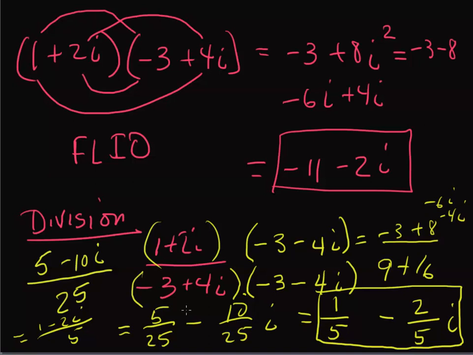One last thing. Notice, then, that we were able to factor a squared minus b squared before. This is called the difference of two squares.